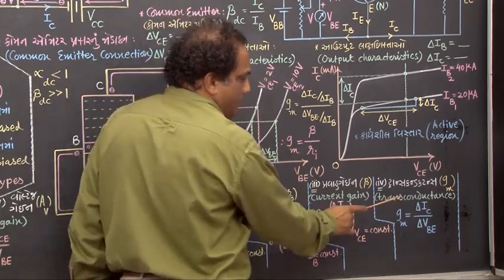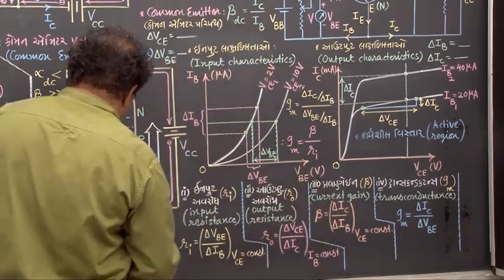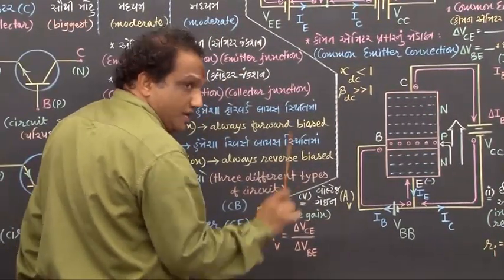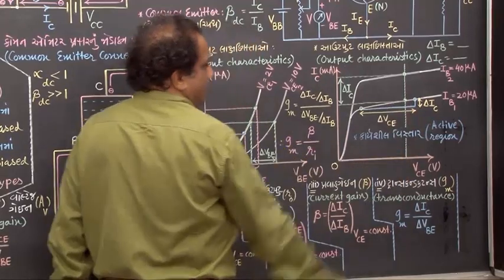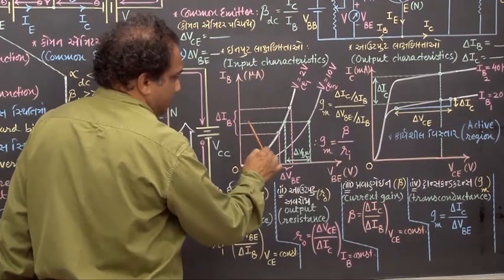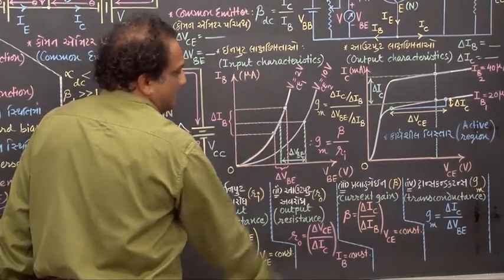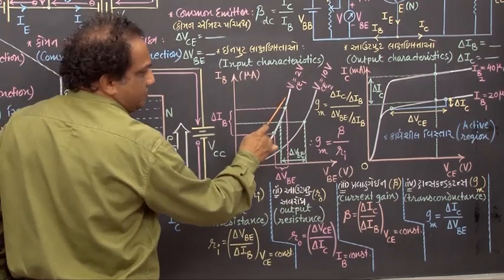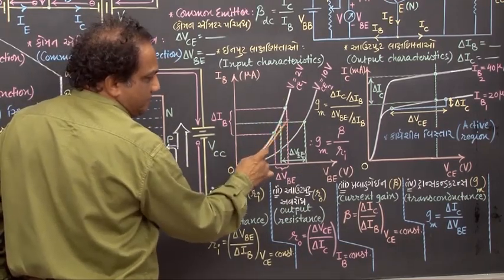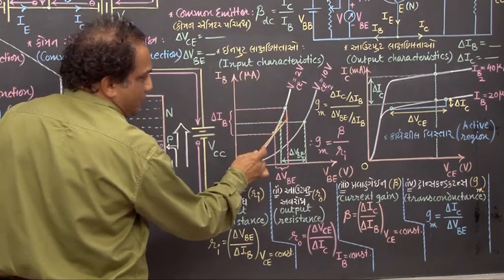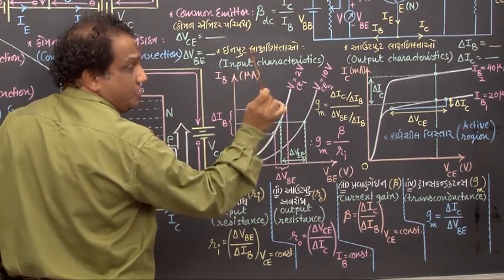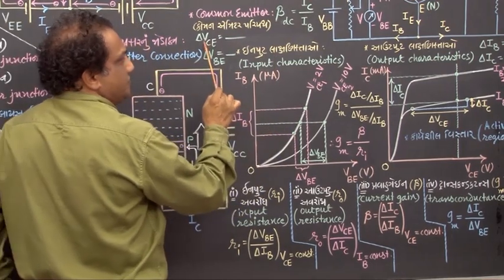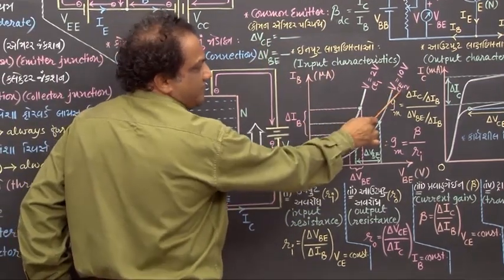Now tell me, how to find out this voltage gain? I am showing you. The way you have taken the vertical line, now you can take a horizontal line here. This horizontal line intersects these two curves at these 2 points, correct? Now this point is situated on this curve, this point is situated on this curve, for which the change in collector voltage, change in output voltage will be this minus this.